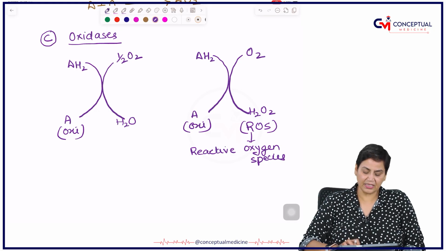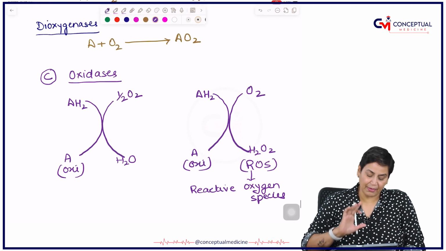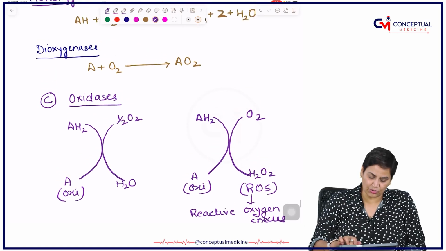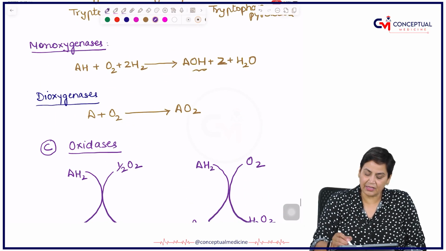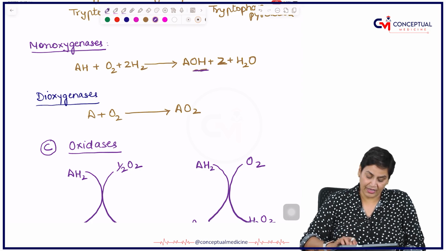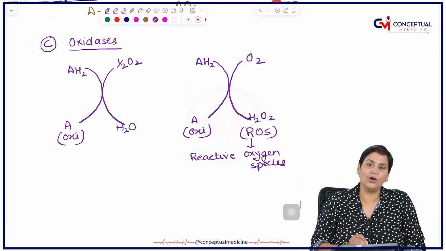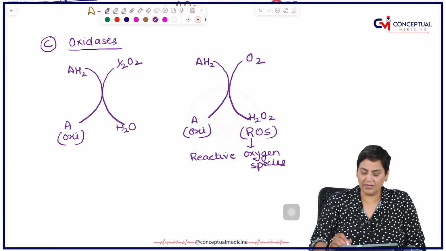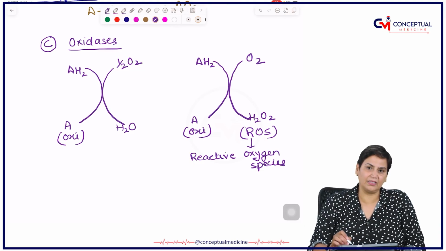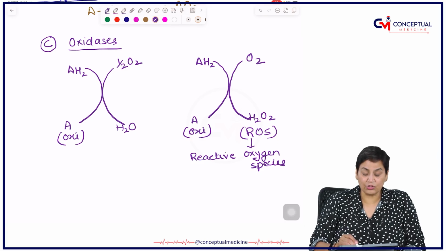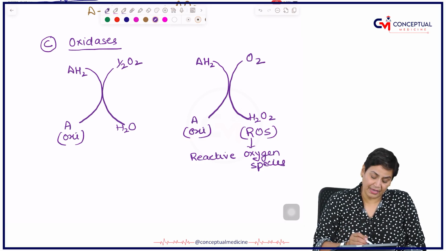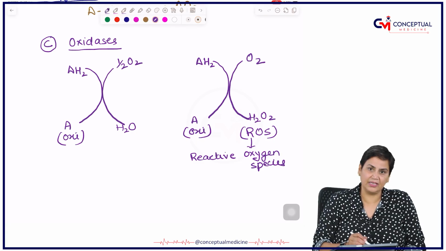Okay. So we can just evaluate. You can see by just seeing the reactions also, this is simple. If we see the product, it is having a hydroxyl group. Whereas in oxidation, you can see the oxidized part here. In both the cases, oxidized part is there. This is the basic difference. Or we can say water is also liberated here, right? But the main thing is, this is the oxidized part.